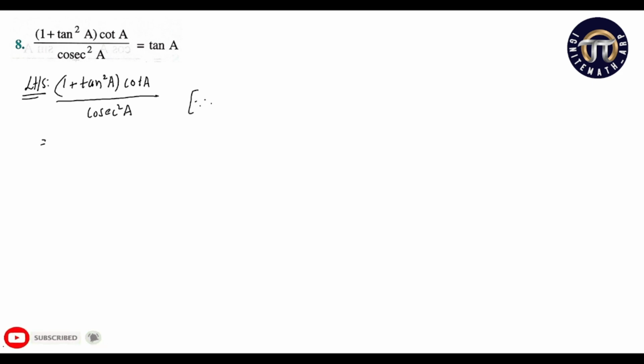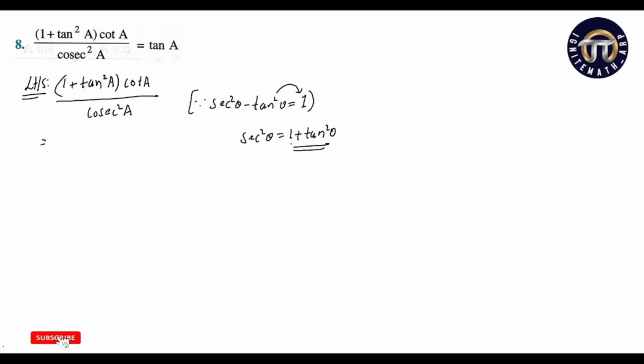You need to understand here, secant square theta minus tan square theta is equal to 1. If I take this tan square to the other side, it becomes 1 plus tan square theta is equal to secant square theta. Clear? So here I have 1 plus tan square theta, which can be written as secant square theta. So similarly here I have 1 plus tan square theta, which can be written as secant square A into cot A divided by cosecant square A.